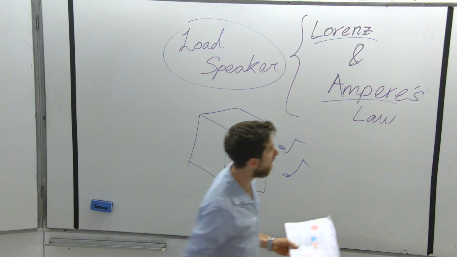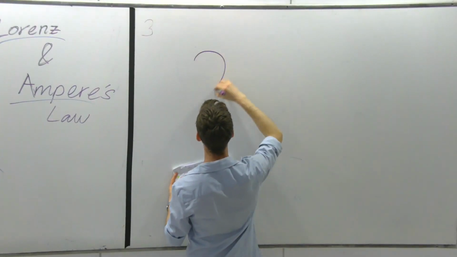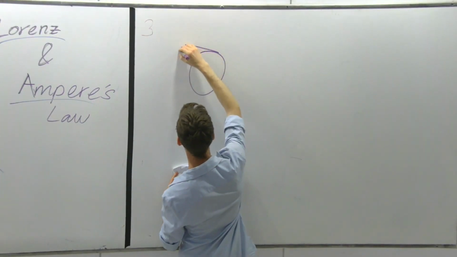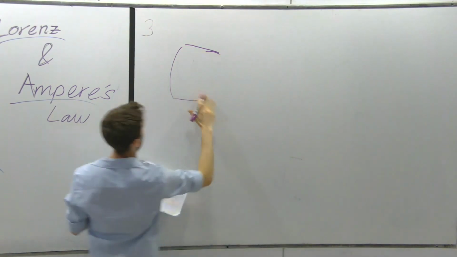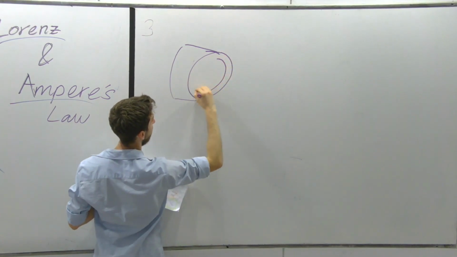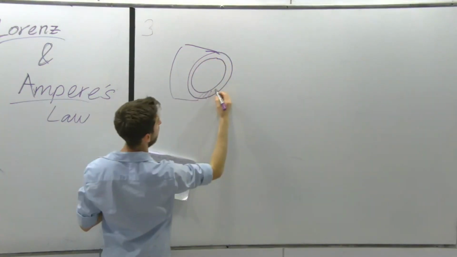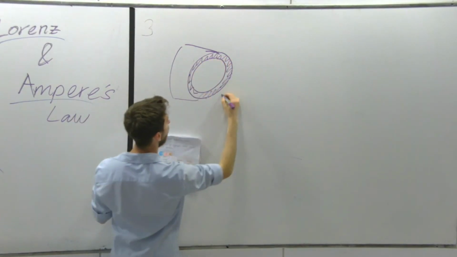So inside every loudspeaker, I'm moving to this board. Inside every loudspeaker, you have a kind of cylinder looking like this, the whole cylinder. And this cylinder has a pole, a north pole.